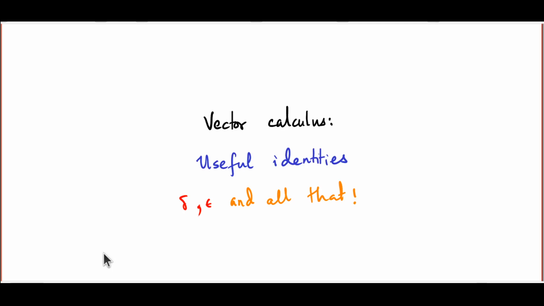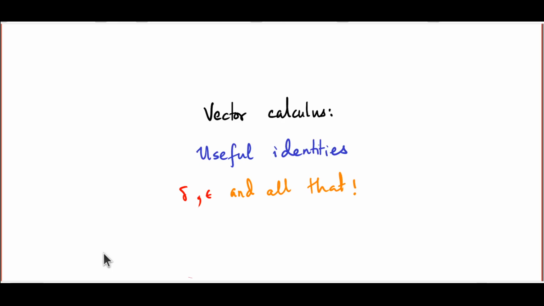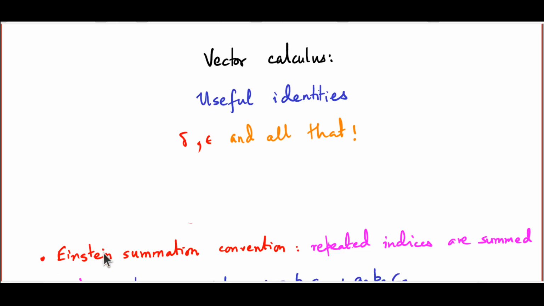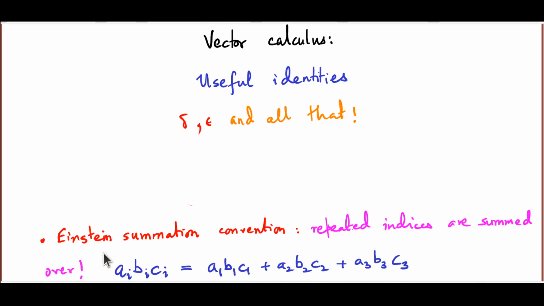One of the first things that we had talked about there was the Einstein summation convention, in which repeated indices are to be summed over. Here, I must stress that we had already adopted a notation in which x, y and z components would be replaced by the numbers 1, 2 and 3.